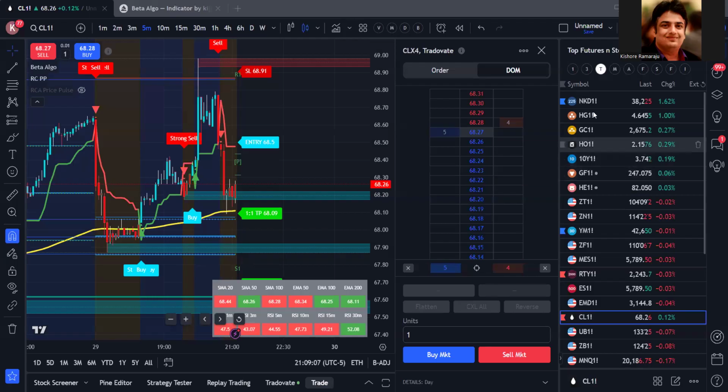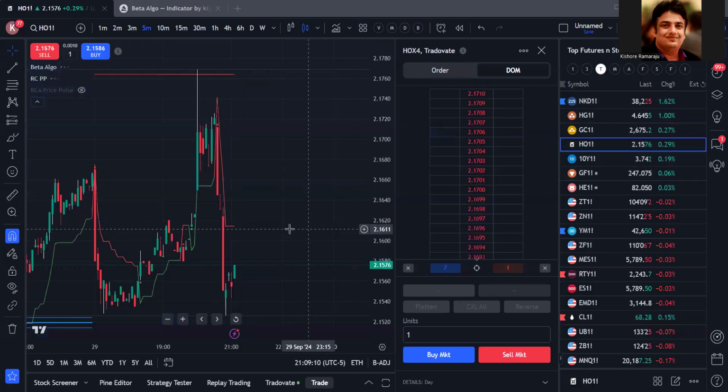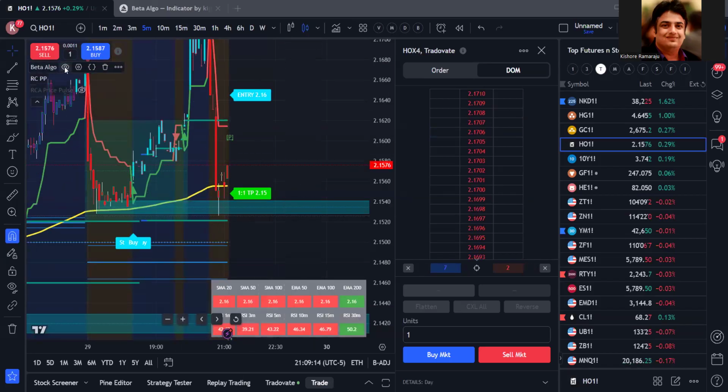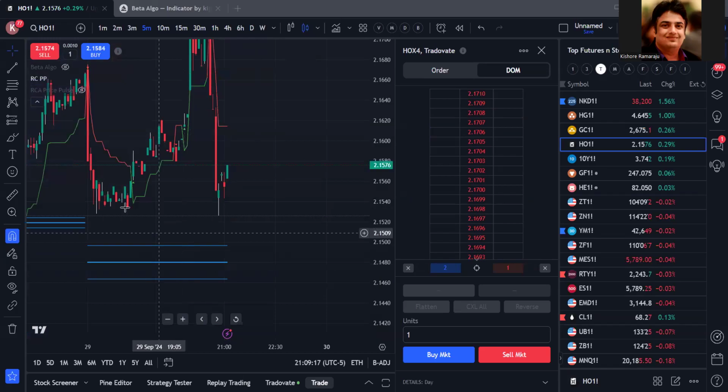Same thing, CL and heating oil will be in the same direction. So heating oil also is above the blue lines.